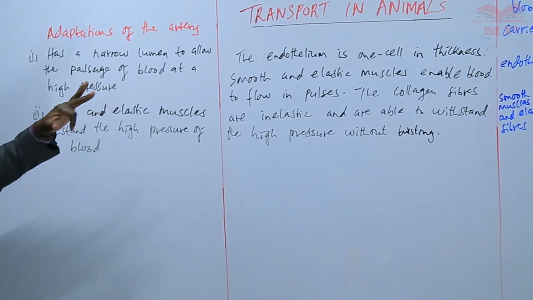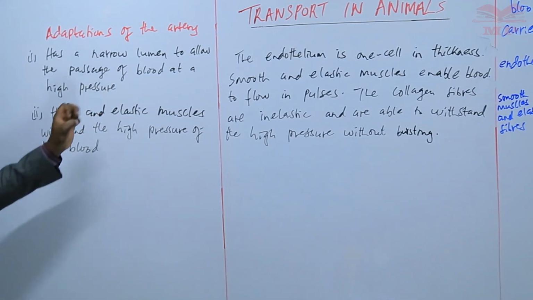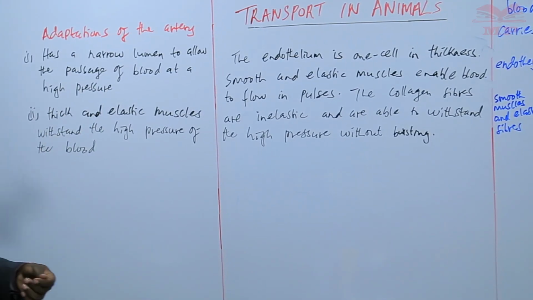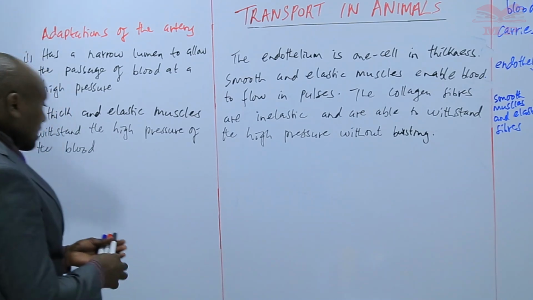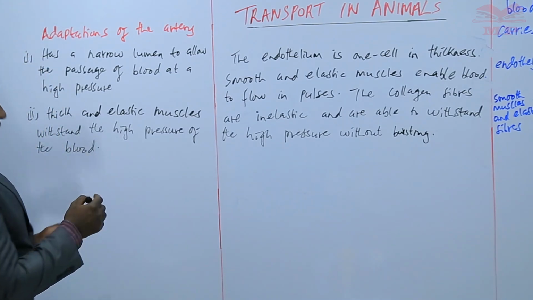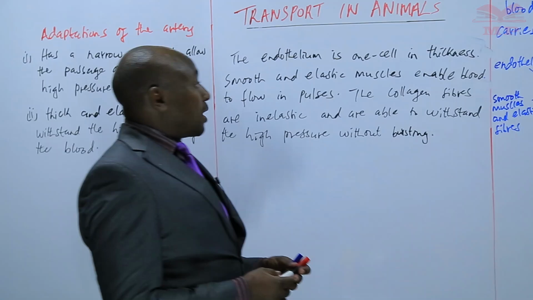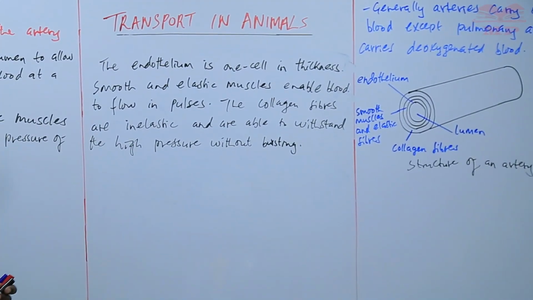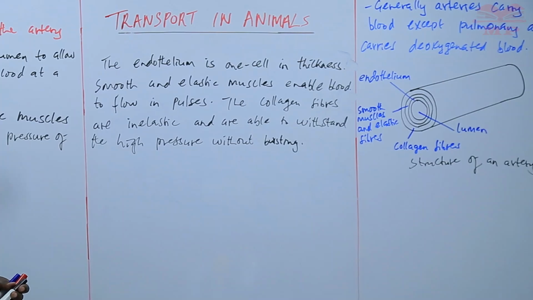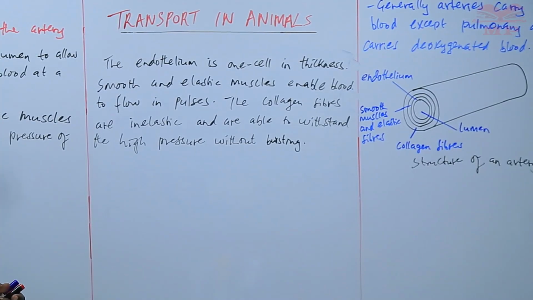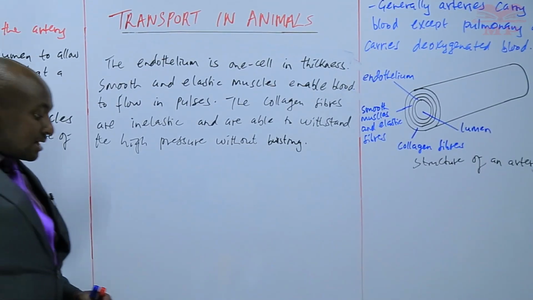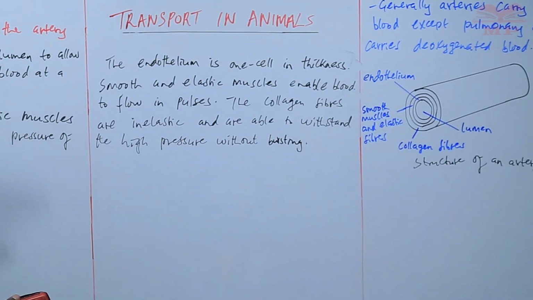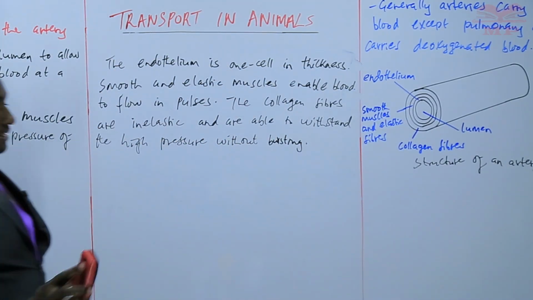It has a narrow lumen to allow the passage of blood at a high pressure, thick and elastic muscles to withstand the high pressure of the blood. And then finally, we have seen that the endothelium is one cell in thickness. Smooth and elastic muscles enable blood to flow in pulses. And then the collagen fibers are inelastic and able to withstand the high pressure of blood without bursting.